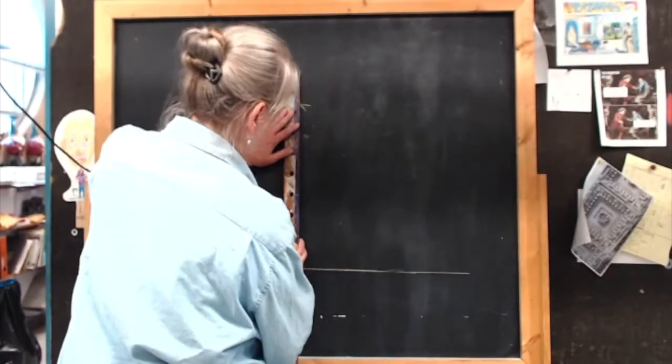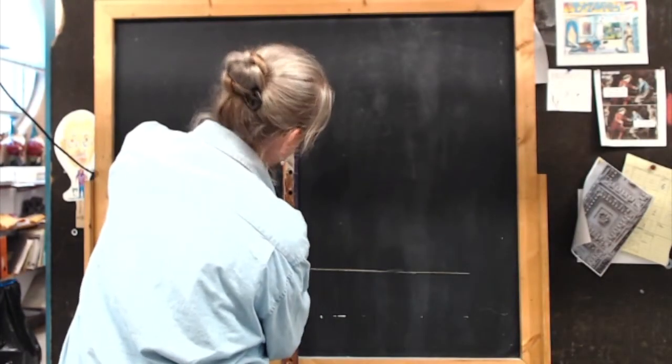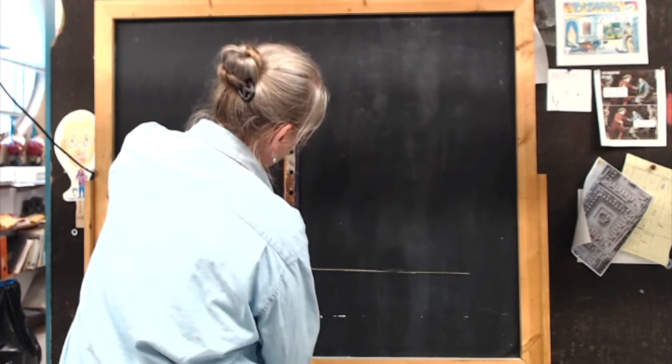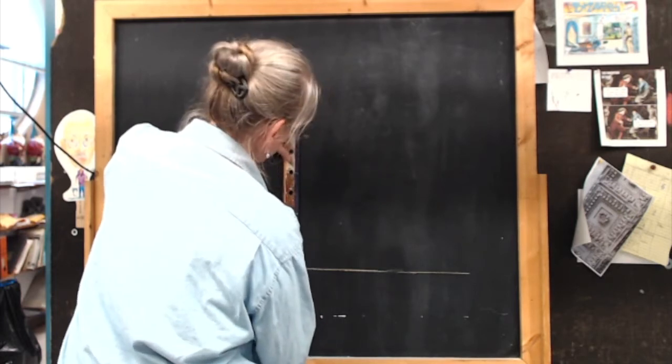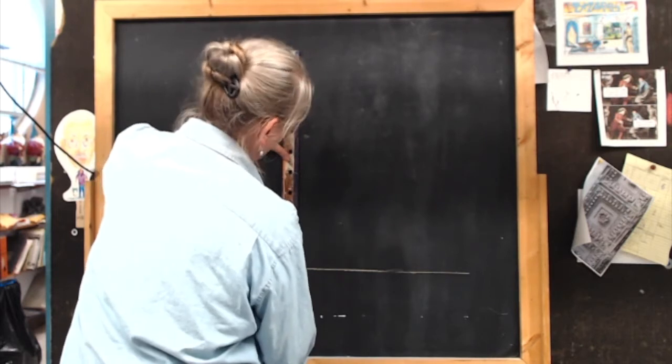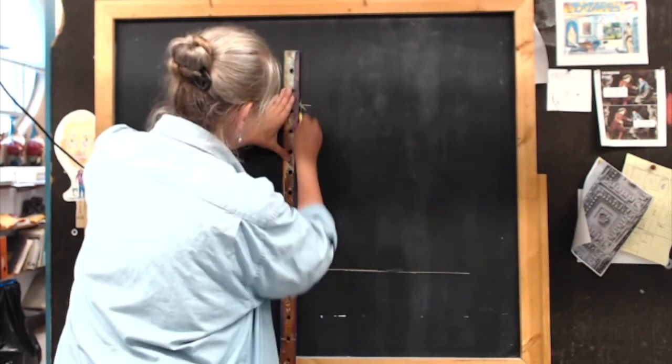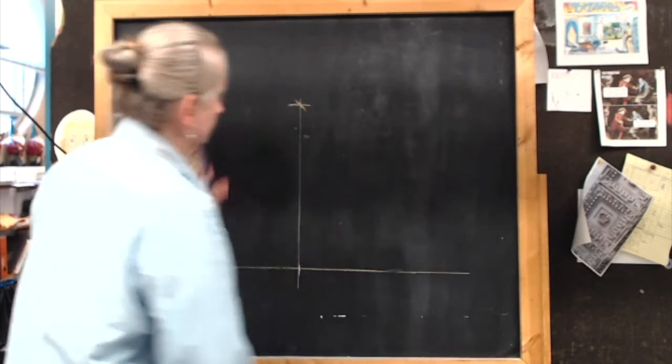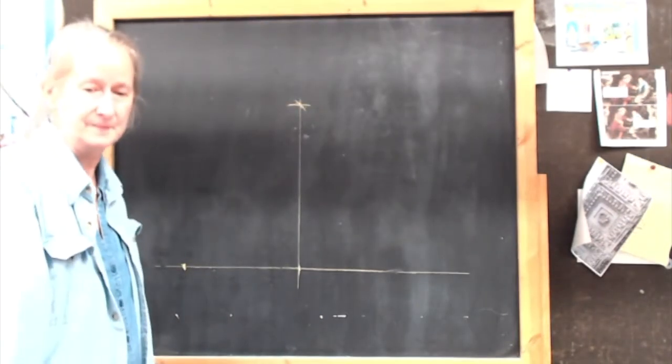where I will find a line that is perpendicular, width of the chalk here, perpendicular to my first line, okay?